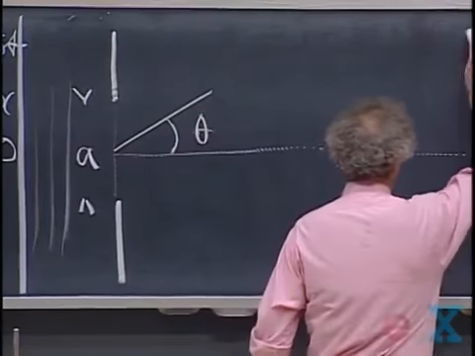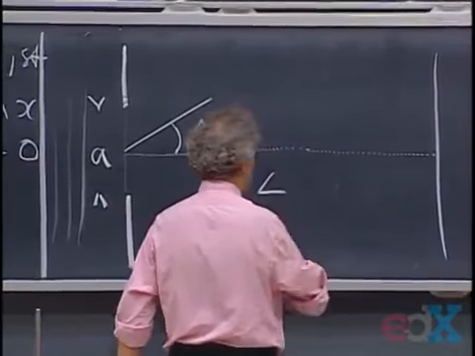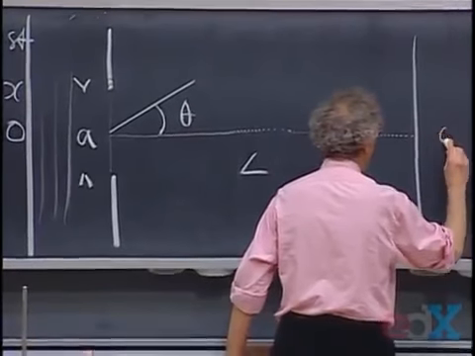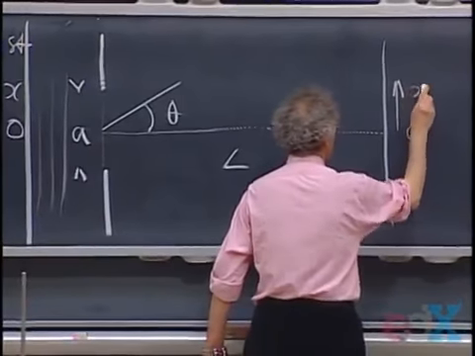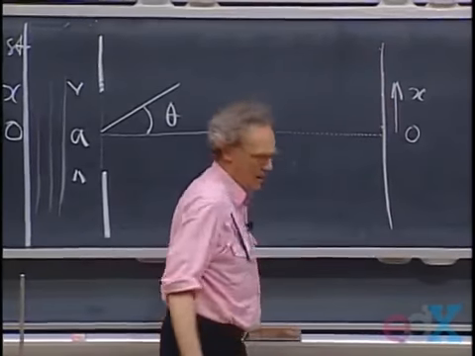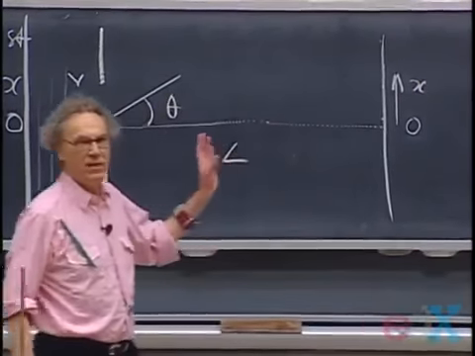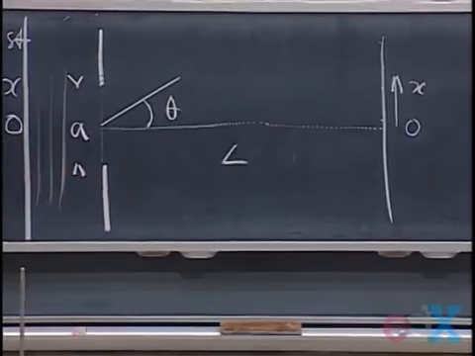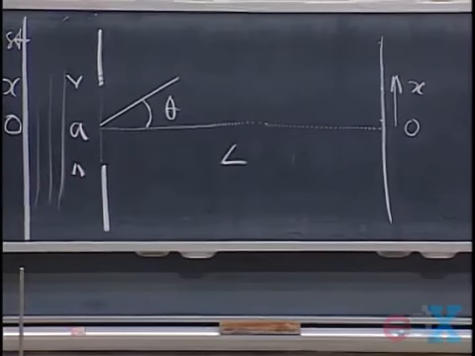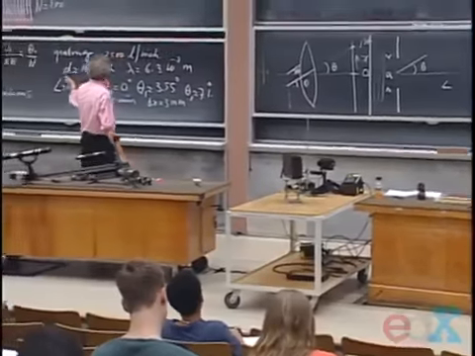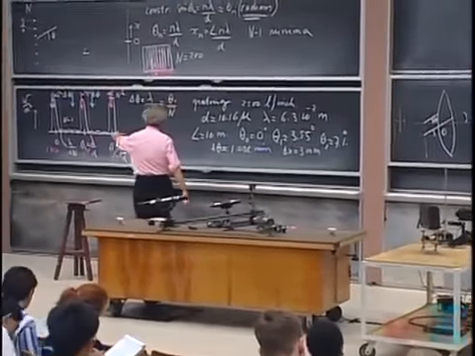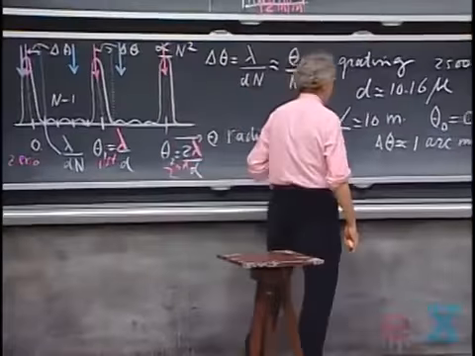And you can also put a screen then at large distance L. You can call x equals 0 here, and you can ask yourself, where will I see these maxima and where will I see these minima? To derive this, in this case, is not easy. Again, I refer to 803. It's as difficult as deriving, in this case, this whole structure in between the maxima.